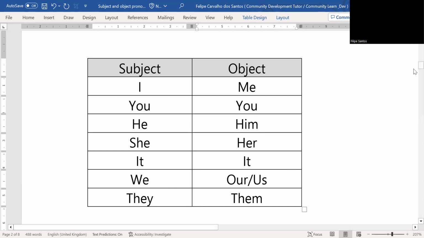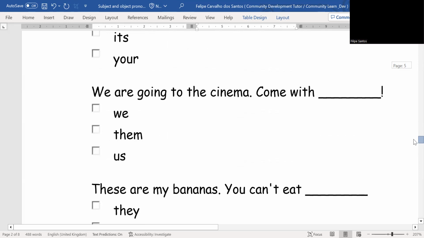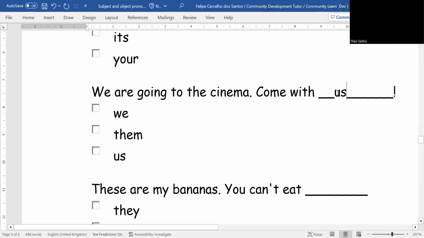That's a mistake there. Come with us. So us, it's referring to, because we is maybe, for example, Rachel and Lucy are going to the cinema, okay? So come with, and Lucy and Rachel are speaking with another person, with Susan, for example. So they are saying to Susan, come with us, okay?